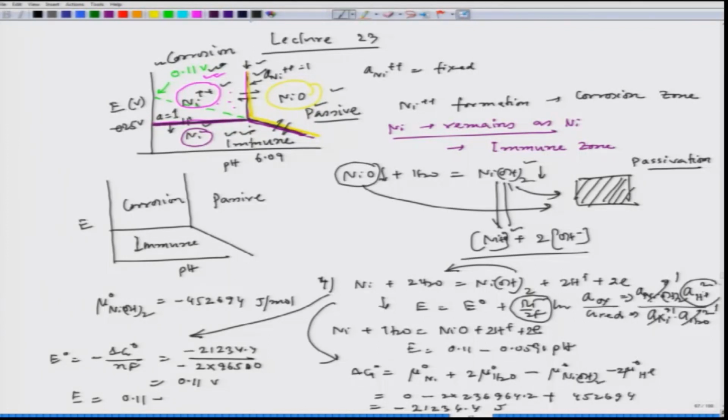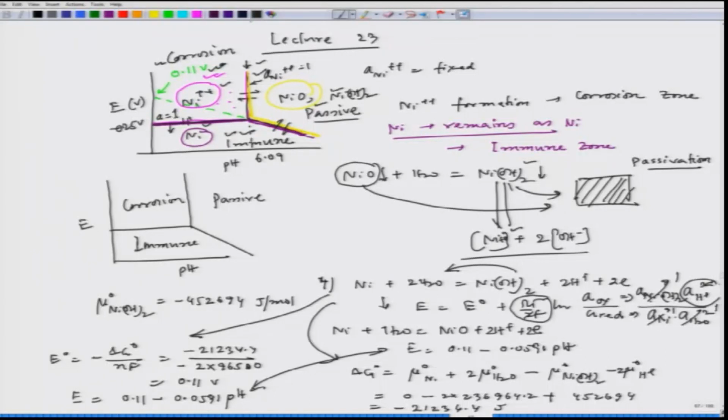So, you are left with this quantity. These two will get cancelled. So, finally, you would get the same pH equation. So, that means this line would be similar if we form Ni(OH)2 instead of NiO.